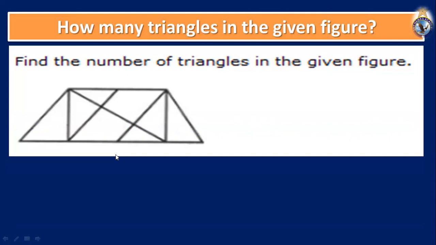How will you count this? I can count every triangle. Now count, and what is your answer? How many triangles are there in this figure? You will have to count all the triangles.